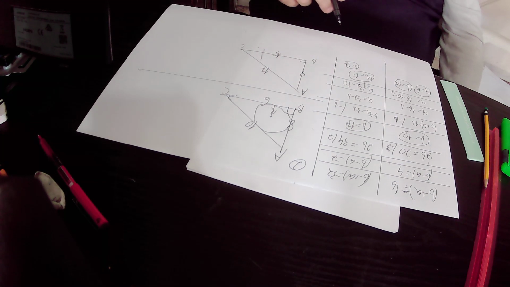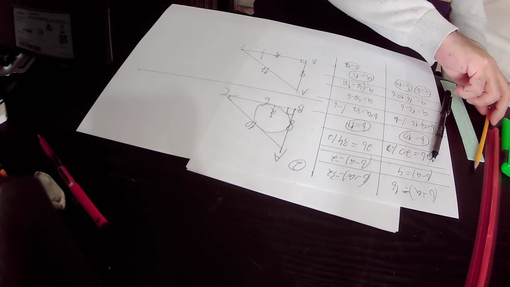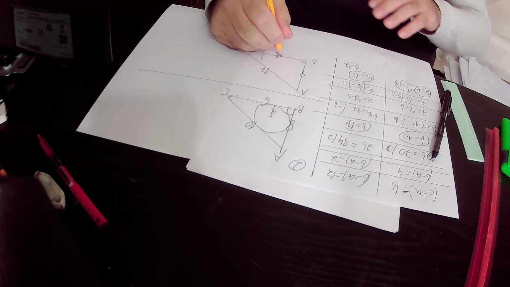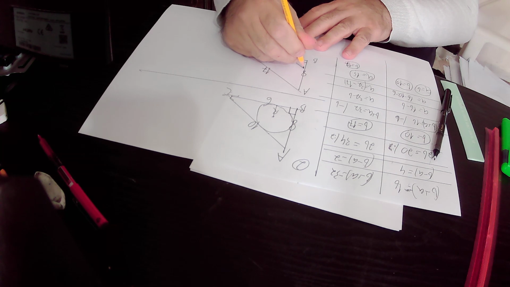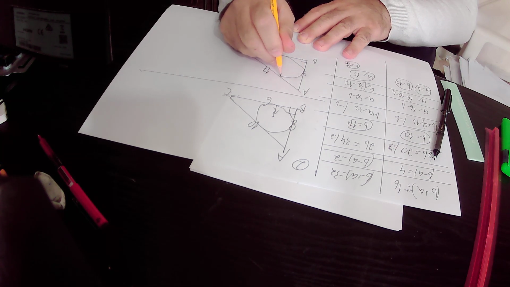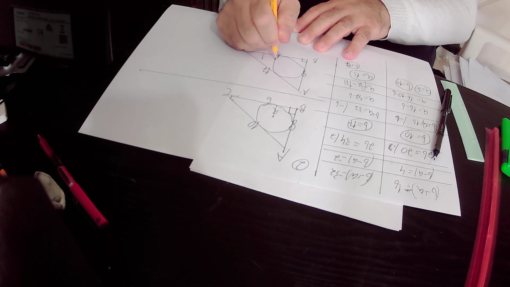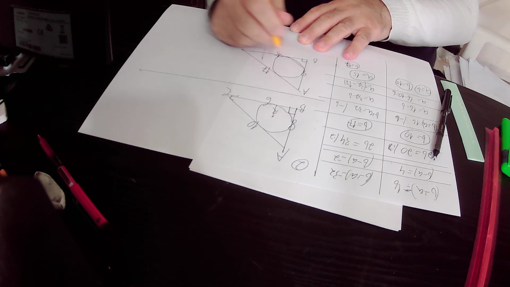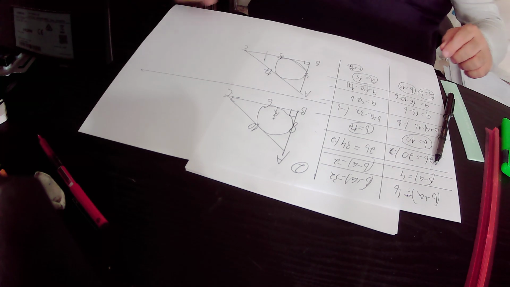Inside this right triangle, triangle ABC, we have a circle that is inscribed by the right triangle. And our mission is to find out the radius of this circle.